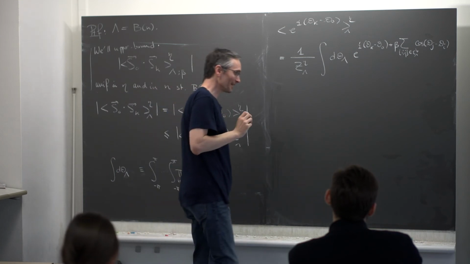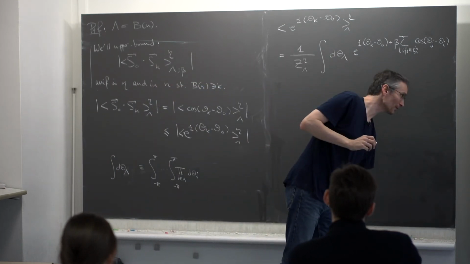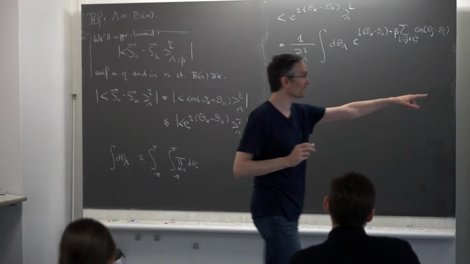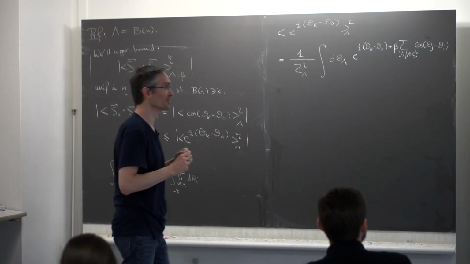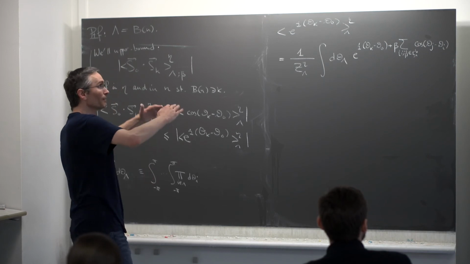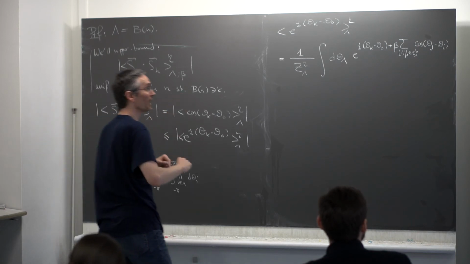And the nice idea, due to McBryan and Spencer, is to try to replicate what we did in the Gaussian case. That is, we are going to shift each of these variables theta j inside the box by some imaginary amount Rj.